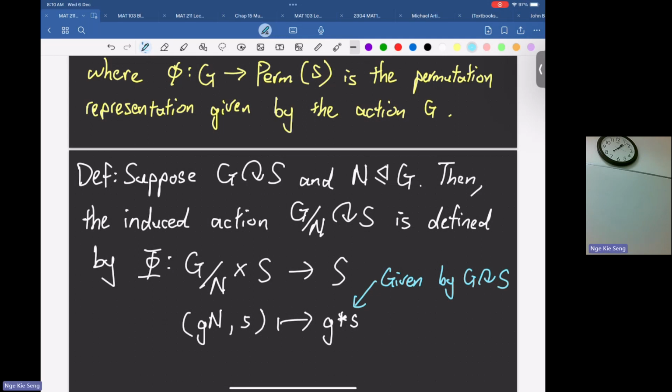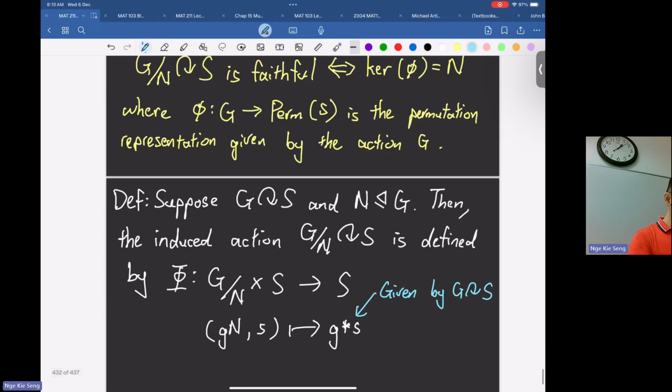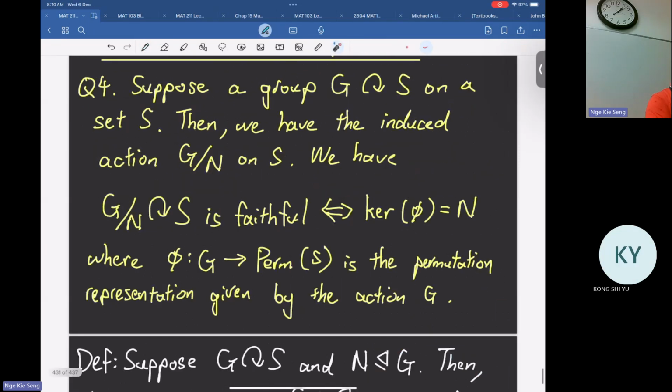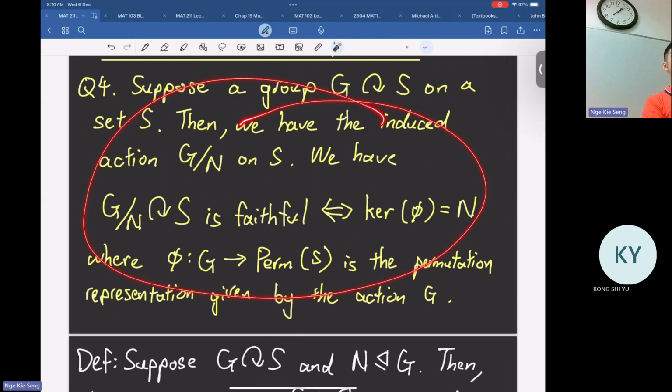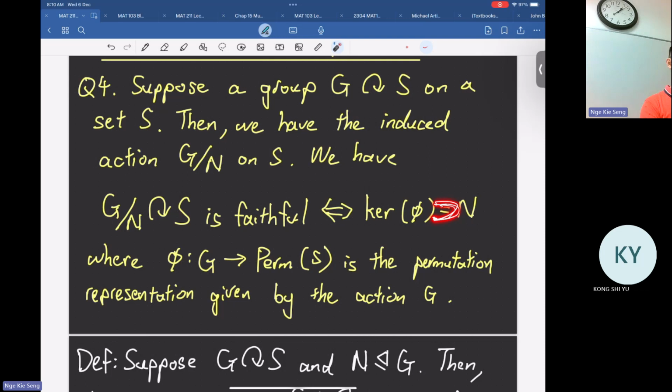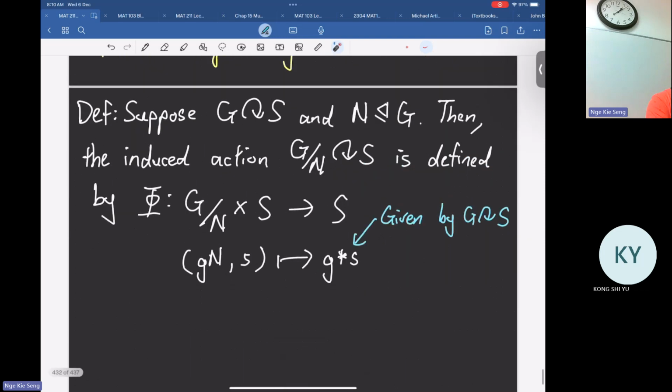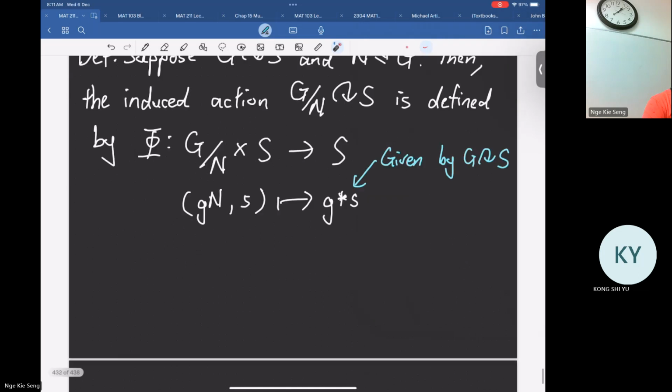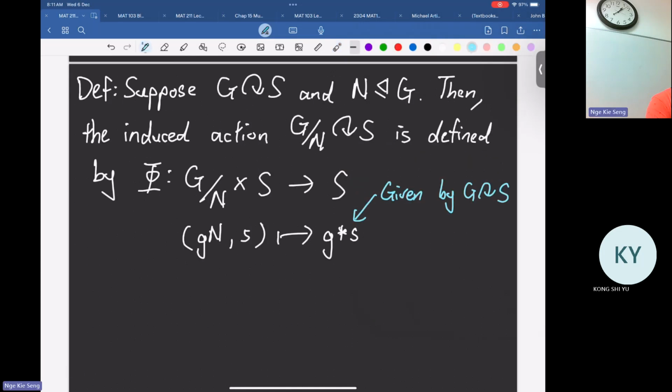Okay, so I will help you to solve half of this question here. The way we solve half of it is to show that N is a subset of the kernel. Okay, so let's prove this.